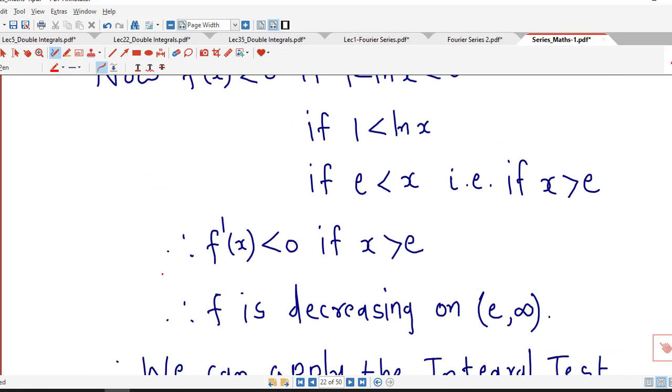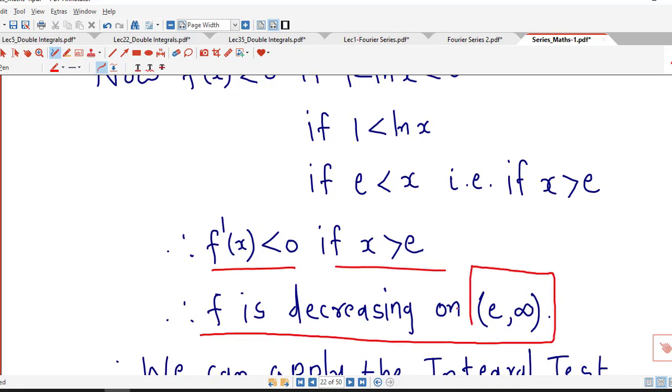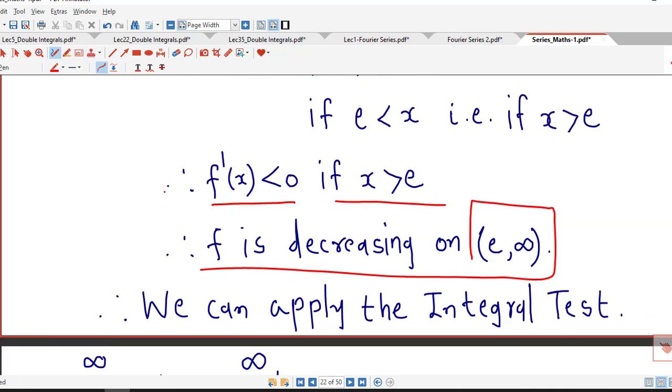So here f dash x is negative if x is greater than e, therefore f is decreasing on this interval. So we have our function is decreasing on e to infinity.